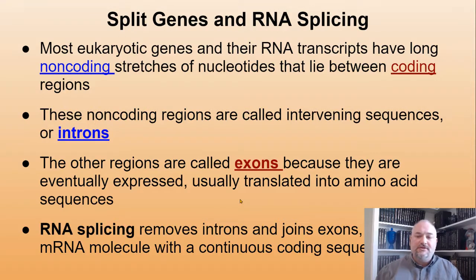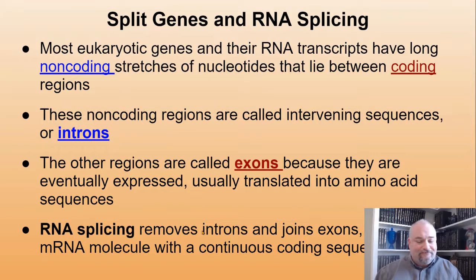The coding regions, and I color coded here, right? Coding regions are exons because they eventually will get expressed and usually translated into an amino acid sequence. Not always, but usually. And then what we're doing here with RNA splicing, we're going to remove those introns, those non-coding things, and join the exons together so we get one long strand of mRNA that's ready to be translated in the ribosome.